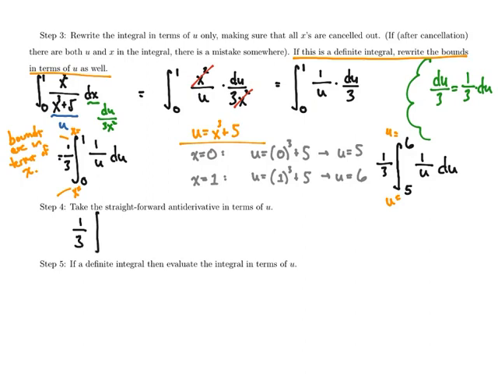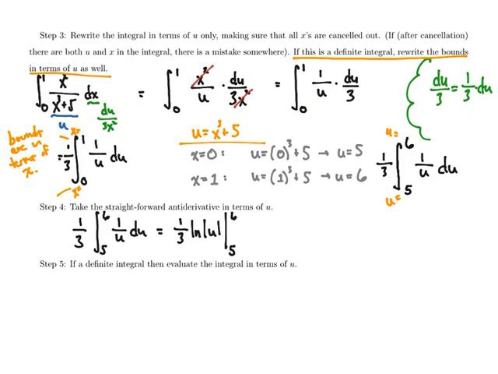We have 1/3 integral from 5 to 6, 1 over u du. That's going to give us 1/3 natural log of absolute value of u evaluated from 5 to 6. And those are u values that we're evaluating.